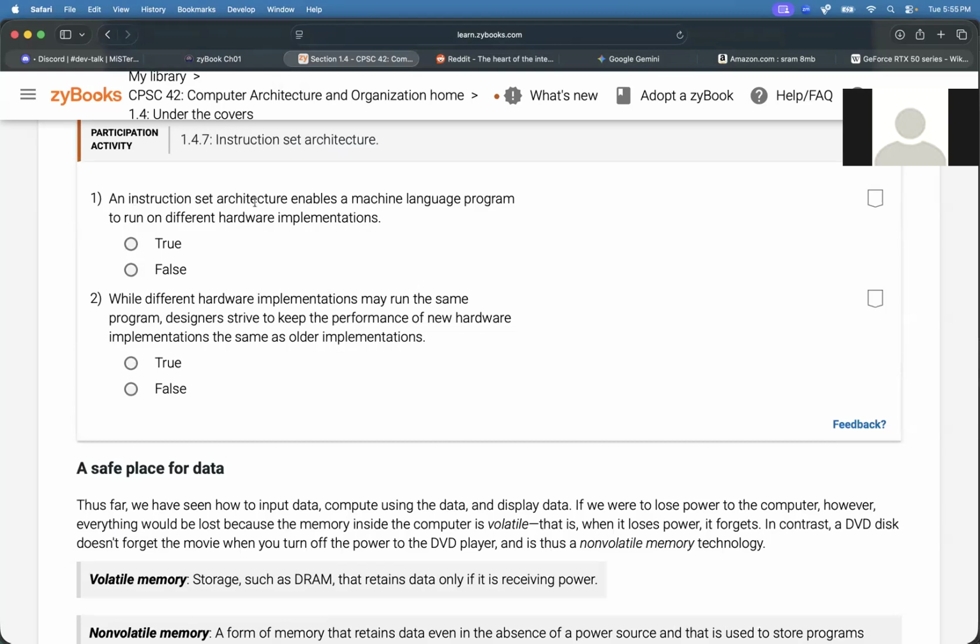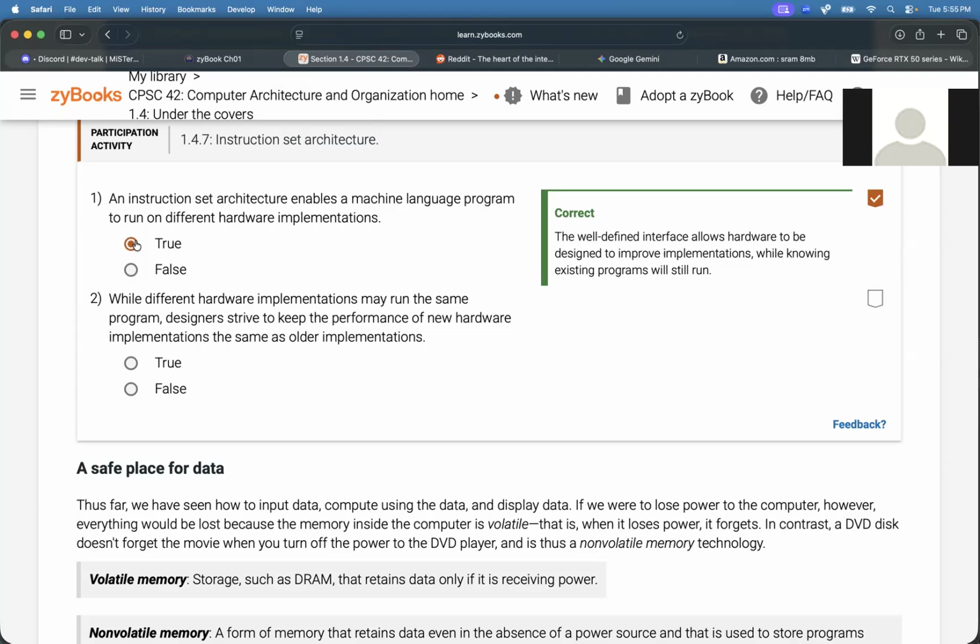Okay. So an instruction set architecture enables machine language programs to run on different hardware implementations. Yeah. So what that's about is you can define how the CPU instructions are defined.